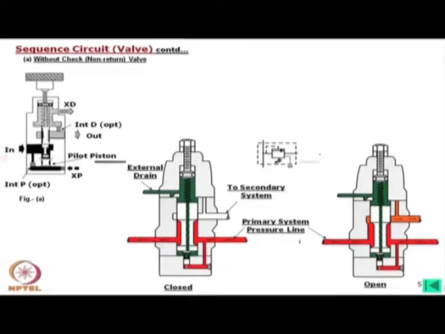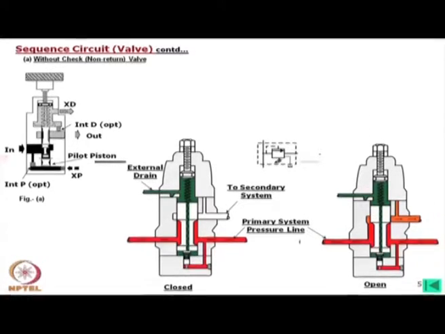Now, we are coming to the sequence circuit valve actually. This valve we have already studied, and the sequence valve may be without a check valve, that is, for only one side flow.